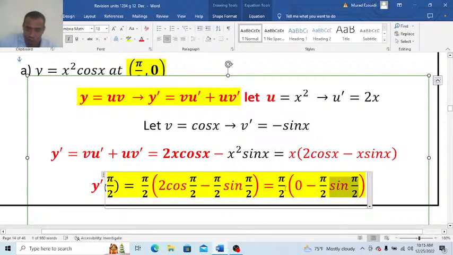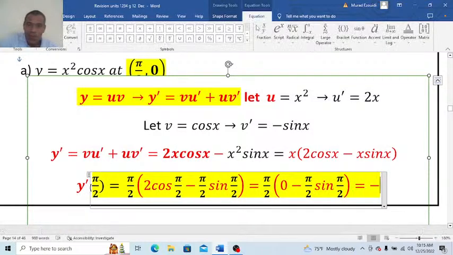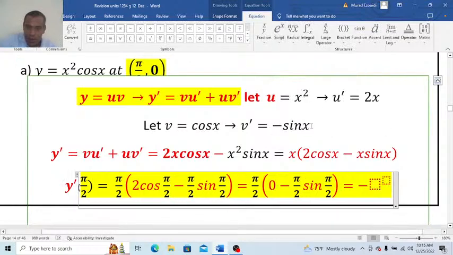So it will be 0 minus pi over 2, which is in fact equal to minus pi over 2 multiplied by pi over 2. Sine pi over 2 is 1, so I need to write it.